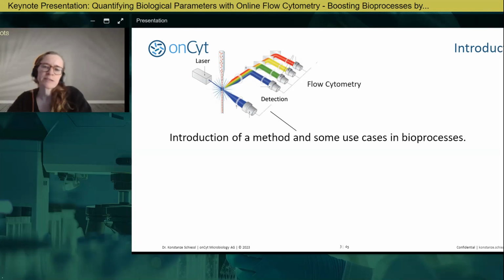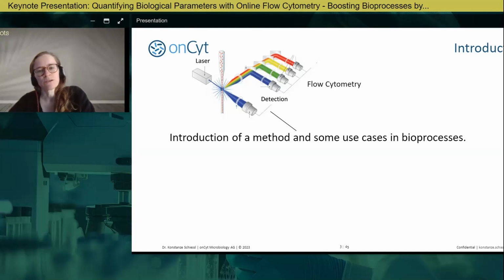And the method that we are going to talk about today is called flow cytometry. I will explain it later in a bit more detail how it works exactly, but you can already see an overview drawing up here. So you see there are things called laser detection. You see a lot of light going around. So indeed, we are talking about an optical detection method.